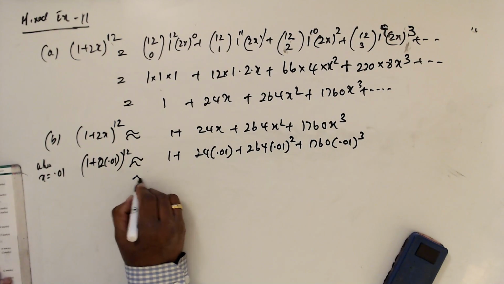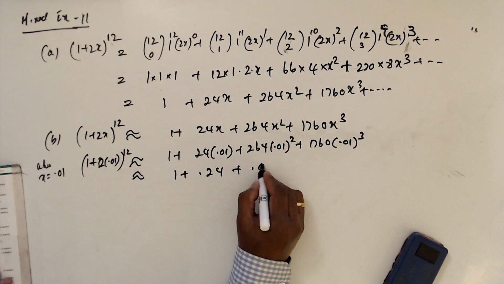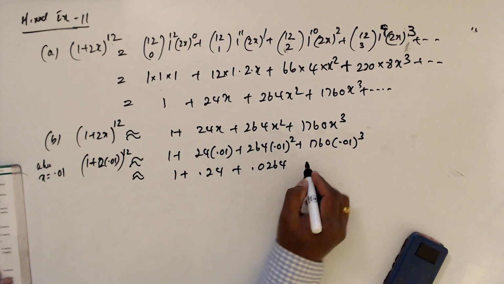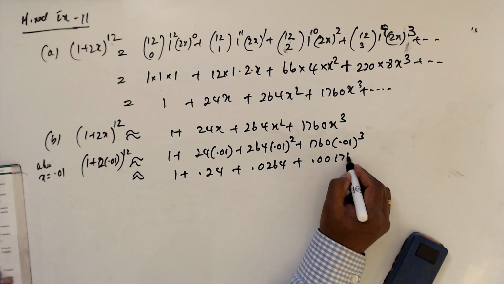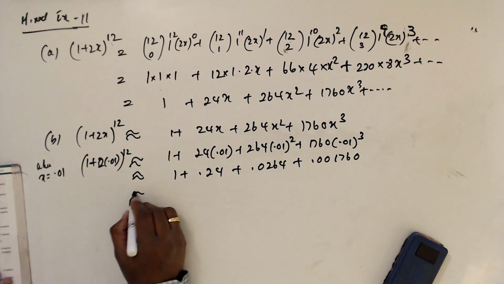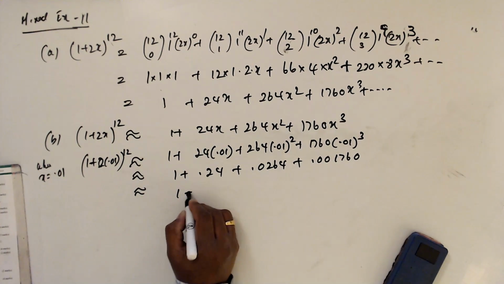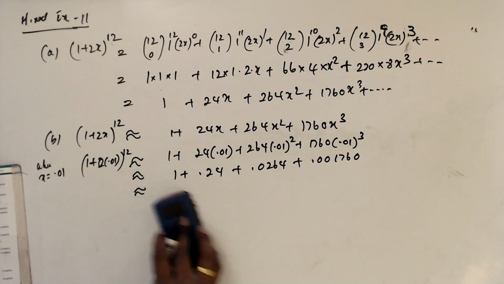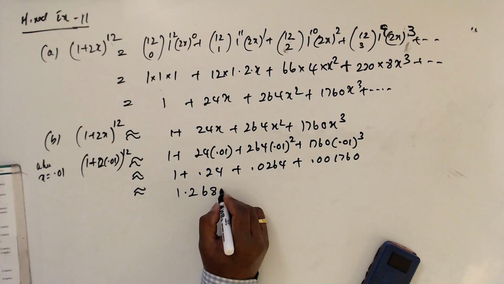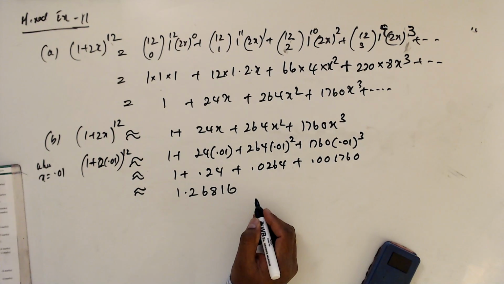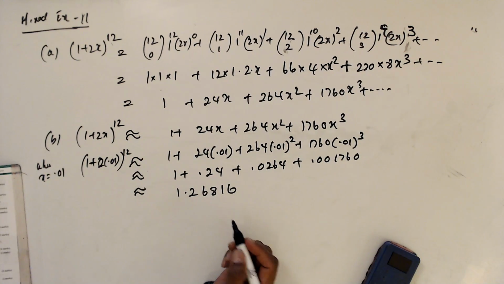It means 1 plus 0.24 plus 0.0264 plus 0.001760, which is 1.26816. So this is the approximation.